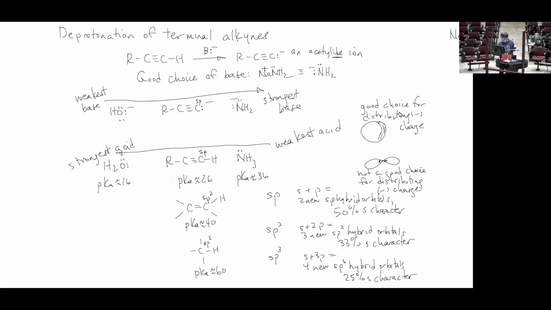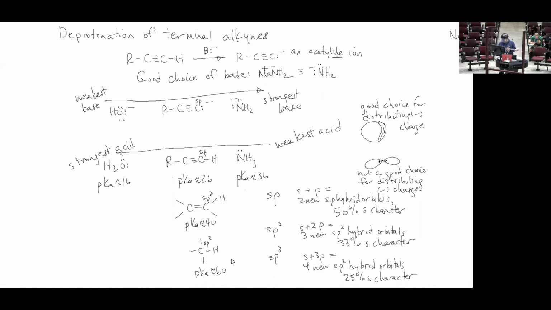off we are. And now you can see sp hybrid orbitals have 50% S character. That's the best we can do here. The others have less S character, 33% S, and so the remaining 67% would be P character here, and the remaining 75% would be P character in an sp3 hybrid orbital. And that, I think, fully explains this sequence here.